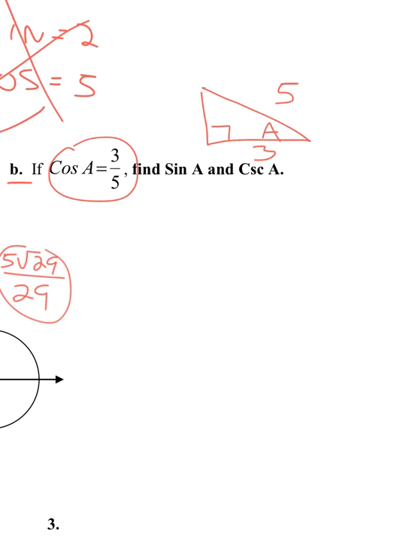So the opposite side's 4. So this is going to be a quicker one. So to find sine of A, sine is opposite over hypotenuse. The opposite side's 4, the hypotenuse is 5, so you get 4/5. And then since I have sine of A, for cosecant of A, I just flip this. So cosecant of A is 5/4.